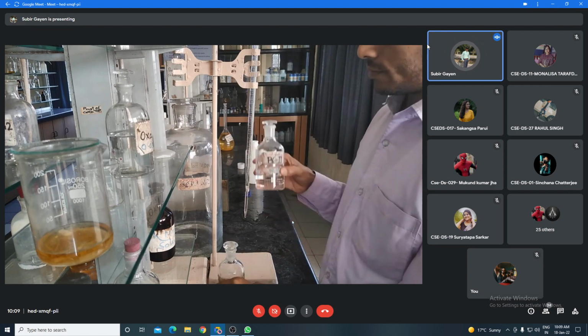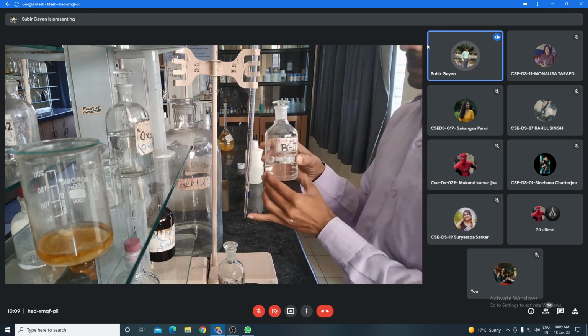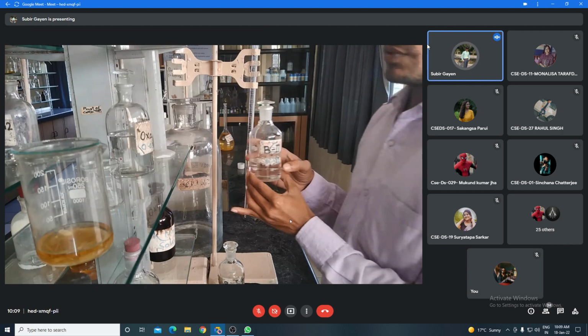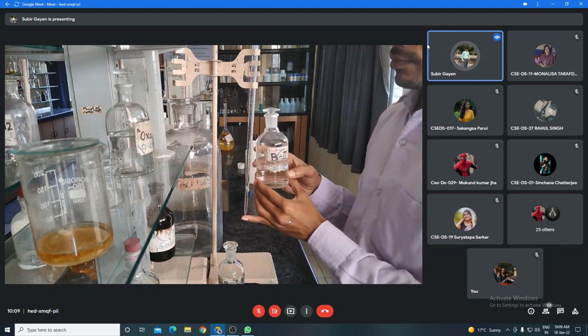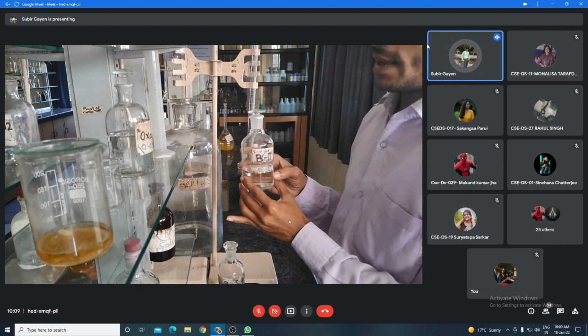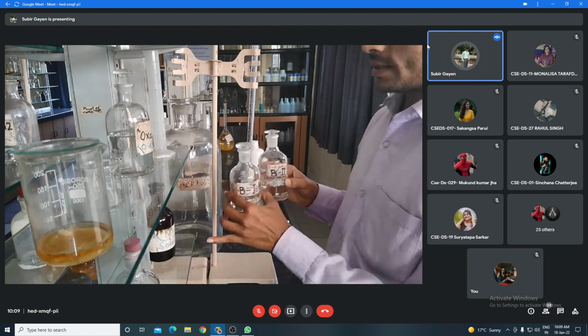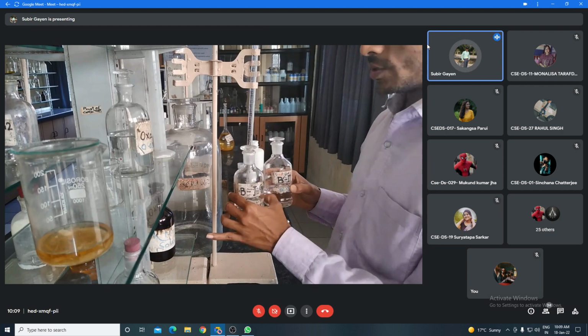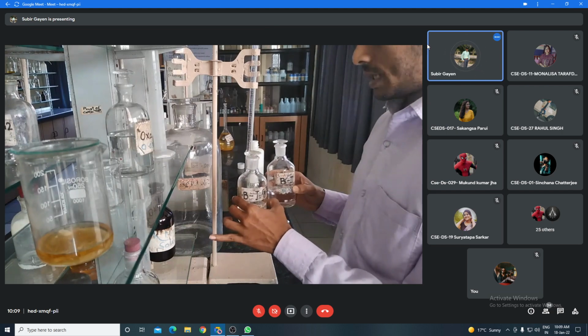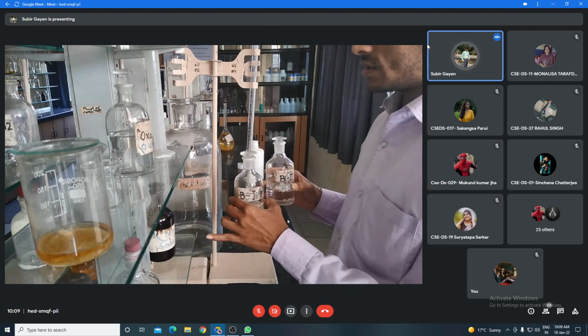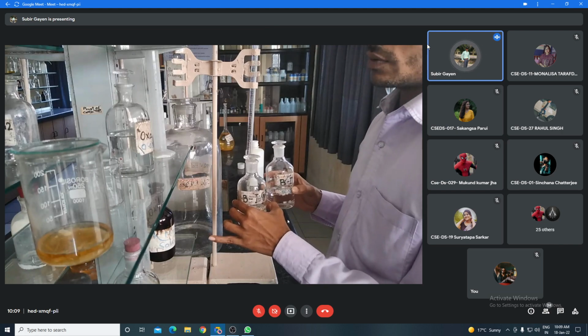In bottle number 2, you have to take 50 ml of butanol and 50 ml of saturated acetic acid. Shake these two bottles for 1 hour.